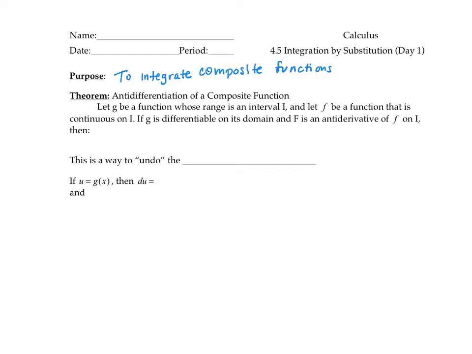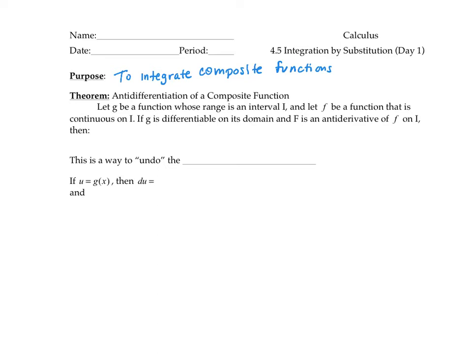So first, our theorem, antidifferentiation of a composite function. And it gets kind of wordy, but you know that once we get into the examples, it will begin to make more sense. So our theorem: let g be a function whose range is in interval I, and let f be a function that is continuous on that same interval.